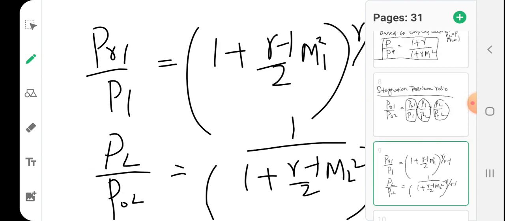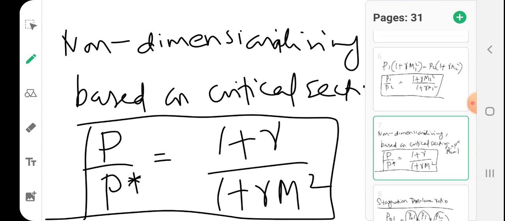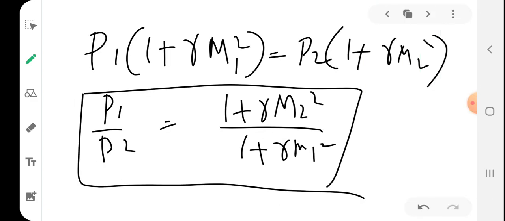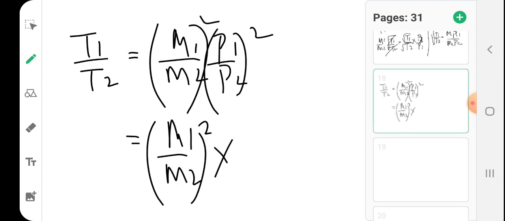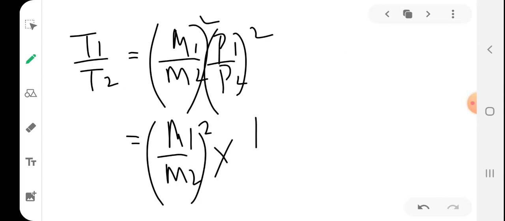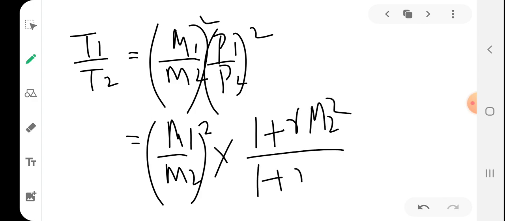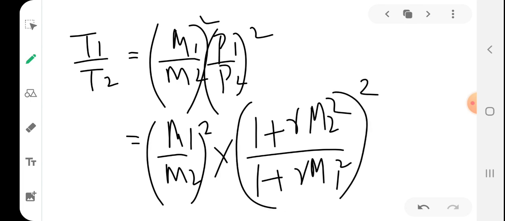Which one? This one: 1 plus gamma M2 square by 1 plus gamma M1 square, and a whole square. This is the equation for T1 by T2.